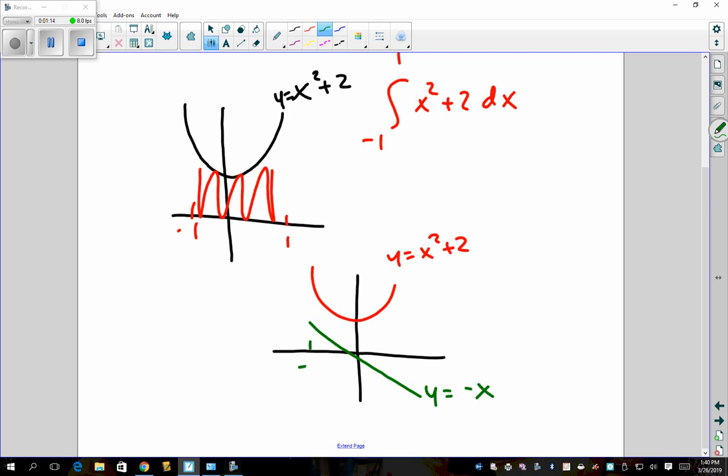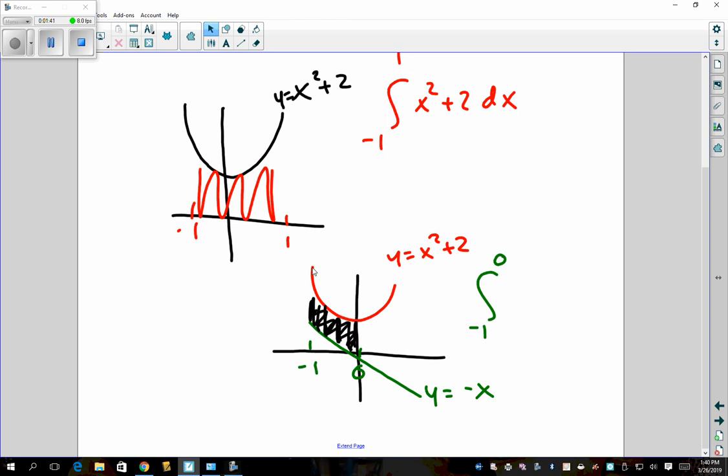And we were asked to find the area between those two functions from -1 to 0. So first thing we need is an integral from -1 to 0, but I want one cohesive integral to look at. And what we really want is this area in the black, right between those two curves.